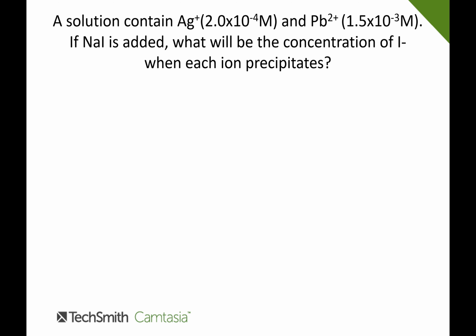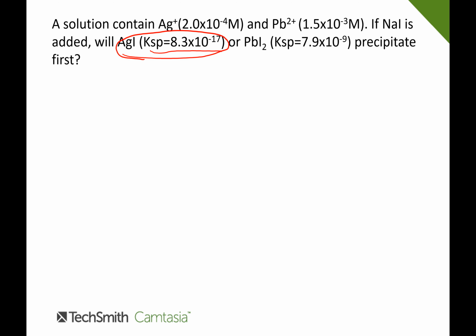Okay, now the next question says that if I'm going to add the NaI, I want to know the concentration of I- when each one precipitates. So we're going to go back here, we'll do AgI on this page. So we're going to have AgI, and it's going to separate into Ag plus and I minus.